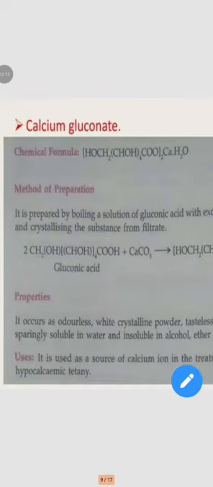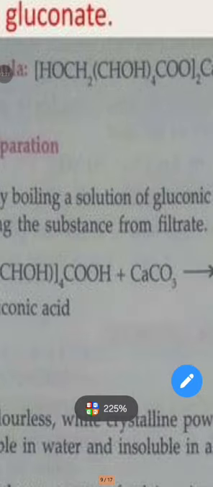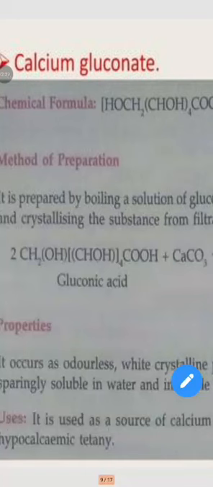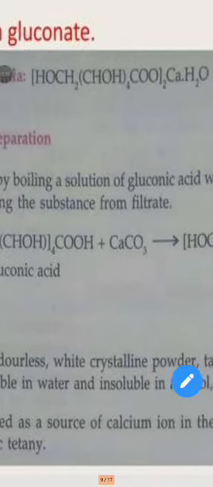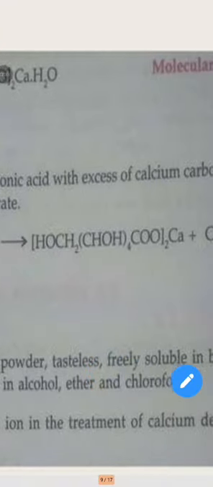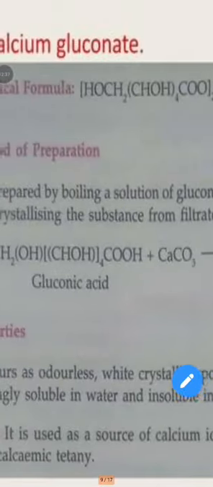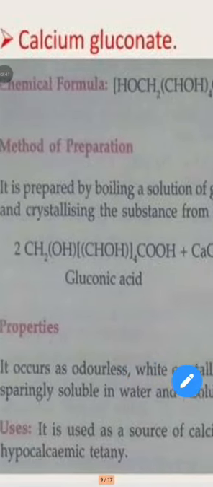Calcium gluconate. The chemical formula is (HOCH2(CHOH)4COO)2Ca·H2O. The method of preparation of calcium gluconate: it is prepared by boiling a solution of gluconic acid with excess of calcium carbonate, filtering and crystallizing the substance from the filtrate.